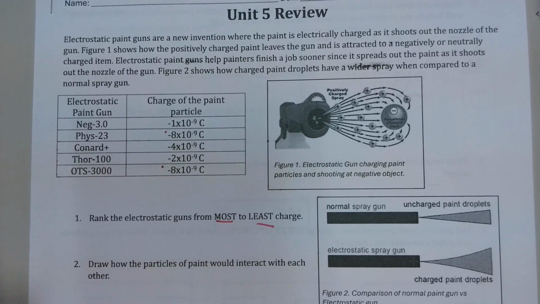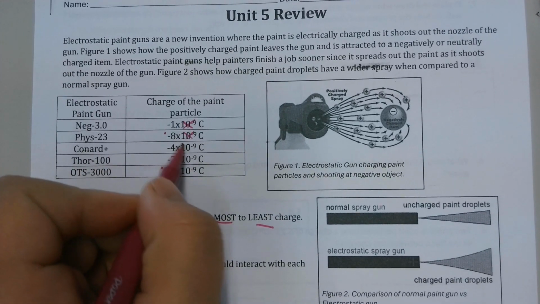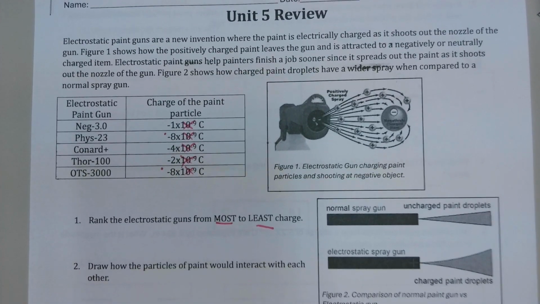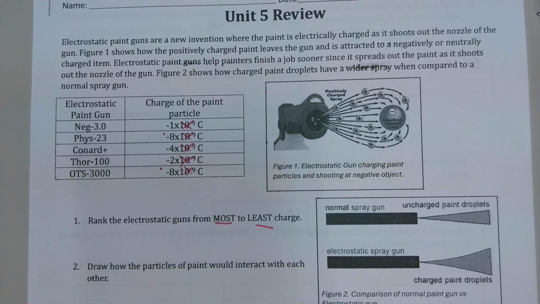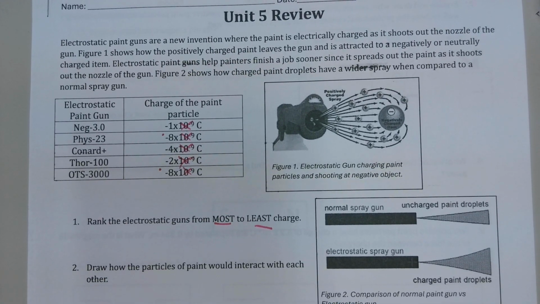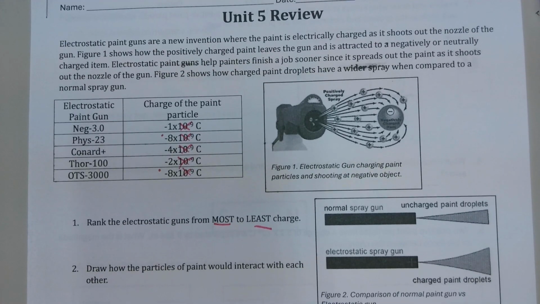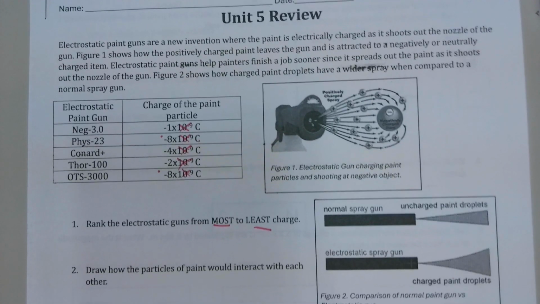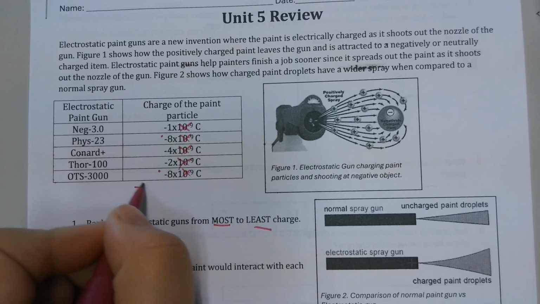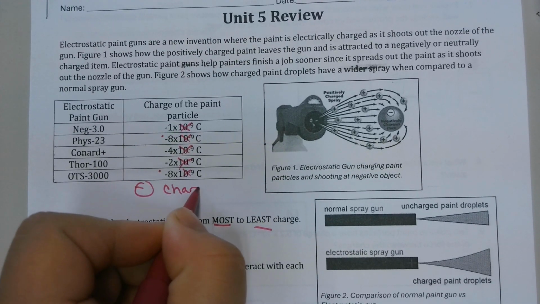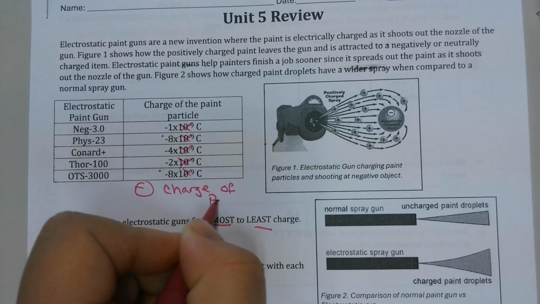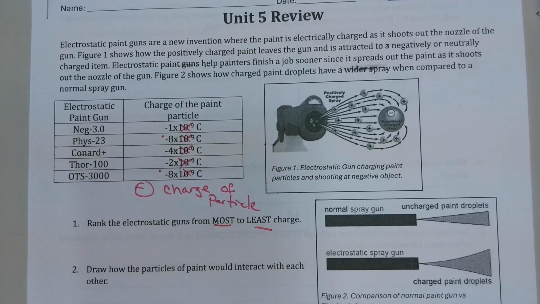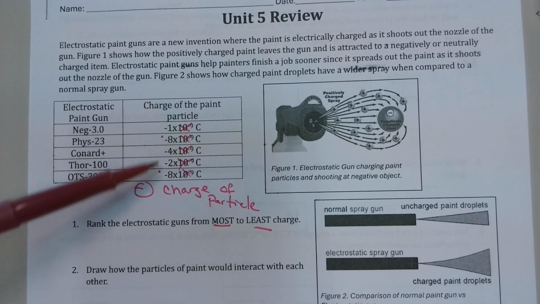So let's start with ranking the electrostatic guns from the most to the least. Things to remember: because it's times 10 to the negative 9, all these numbers have the same value, so you don't have to worry about how many zeros to the left. What we need to worry about is which ones have the bigger number, because the negative is just the charge of the particle. Because of that, we're only worried about these numbers.